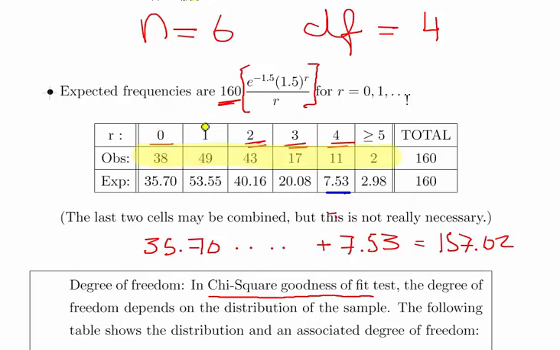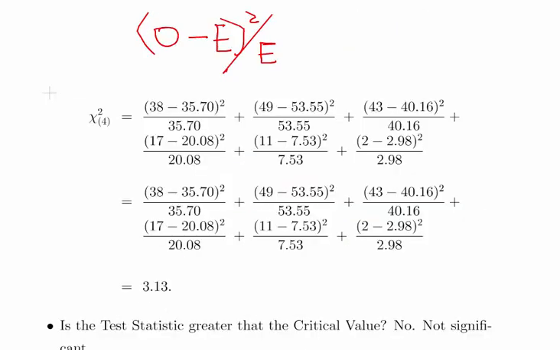We have 6 observed and 6 expected values: 38 and 35.7, 49 and 53.55, and so on. It's a good bit of number crunching, and I've included it this time. Give yourself 10 minutes and with a good bit of calculator work you should get a test statistic of 3.13.